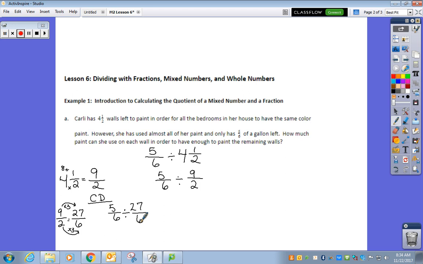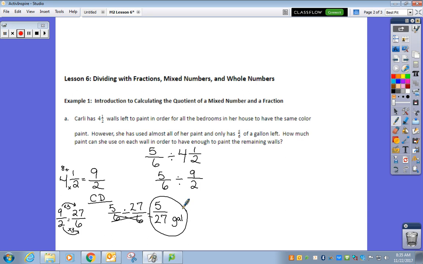Remember, with common denominators, since the denominators are the same, we can cancel them out since they're just going to give us 1. We put our first numerator, 5, on top of our second numerator, 27, and we look to see if it's in simplest form. At this point, 5/27 is simplest form, so our answer would be 5/27 of a gallon per wall.